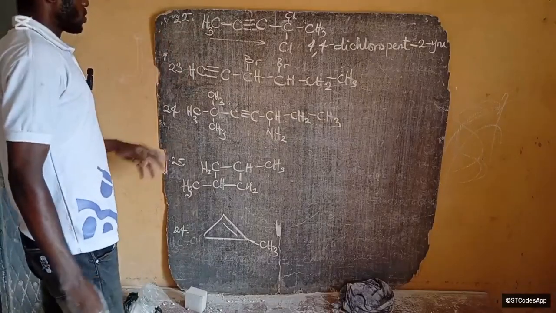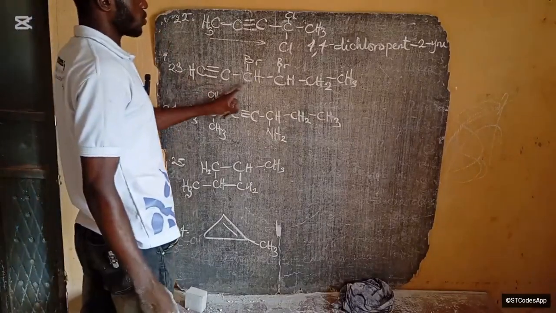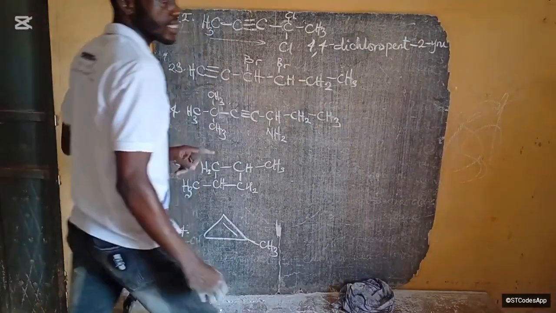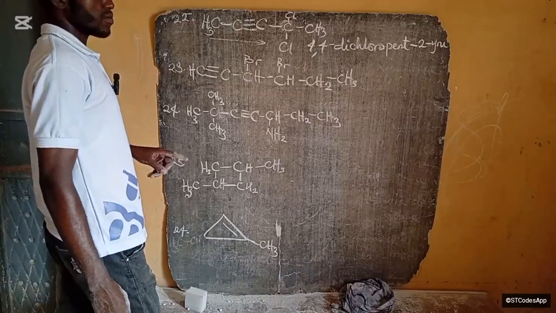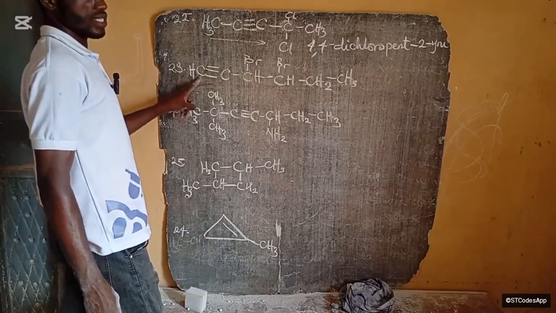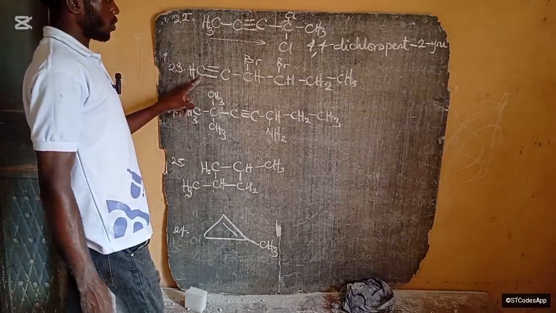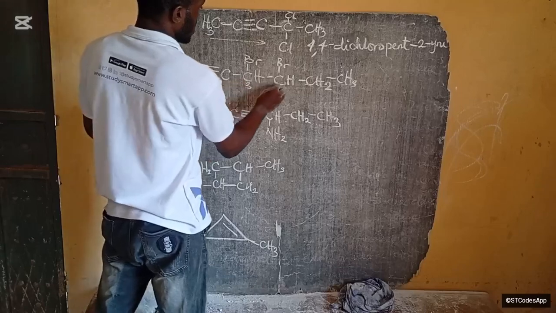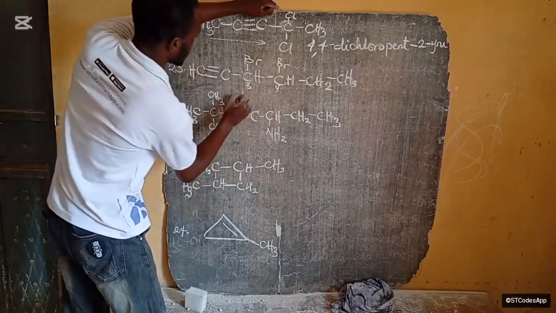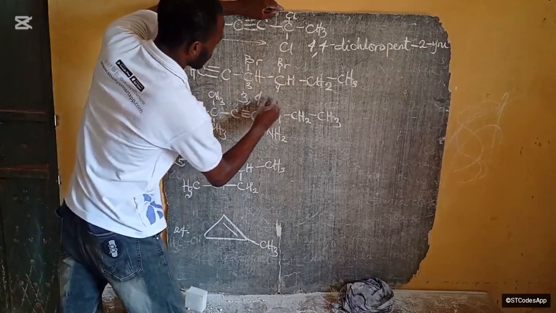Okay. So the next one we have 1, 2, 3, 4, 5, 6, and our first carbon is the one that has the triple bond. Okay, so our substituents are on carbon 3 and carbon 4. So we have 3, 4.